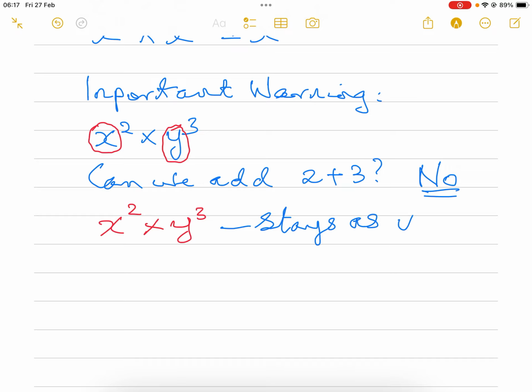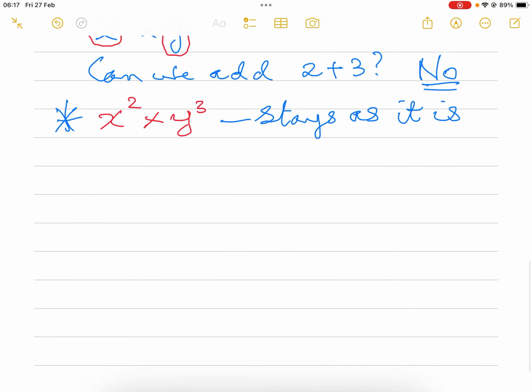In your final answer, they will stay as they are. So you can only add powers when the base is the same. This prevents common mistakes.